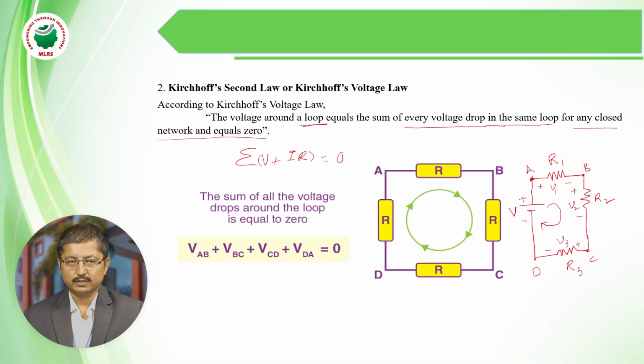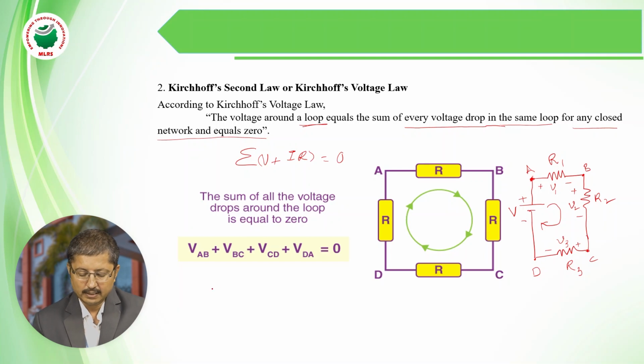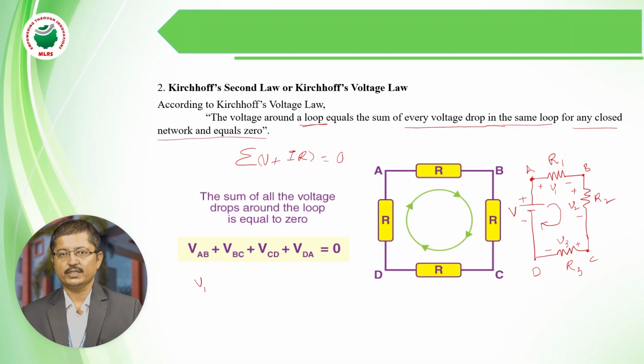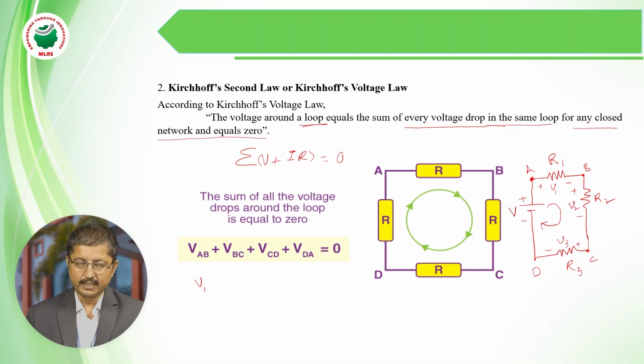According to the statement of KVL, I am writing the equation starting from A. The voltage across A to B I take as V1. Here the sign conventions apply: either you follow potential rise or potential drop.